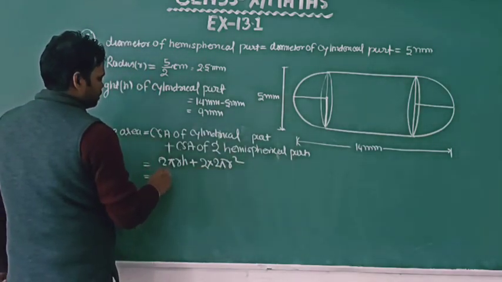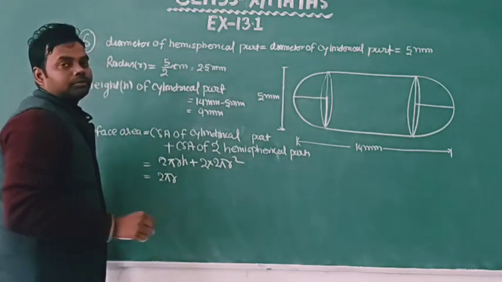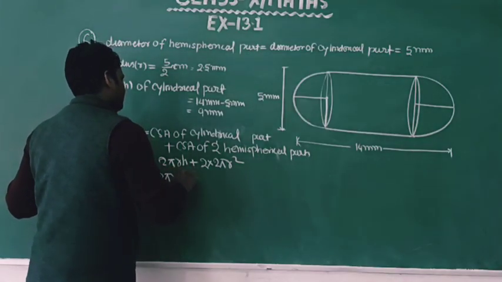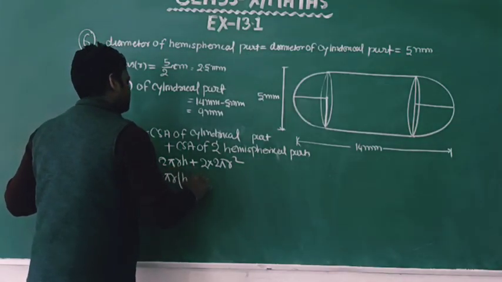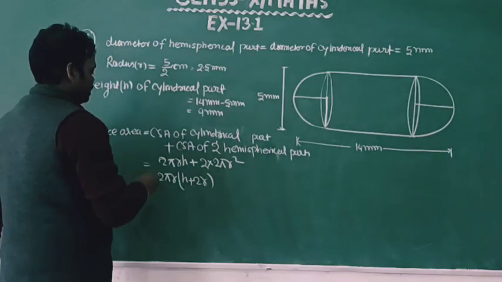Taking 2 pi r common from both terms, we get 2 pi r bracket h plus 2 r.